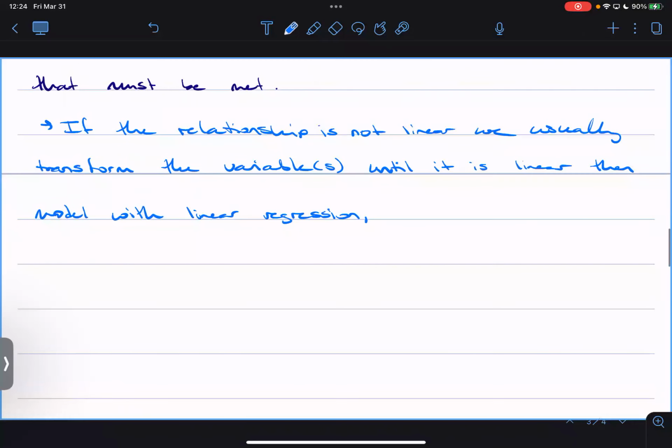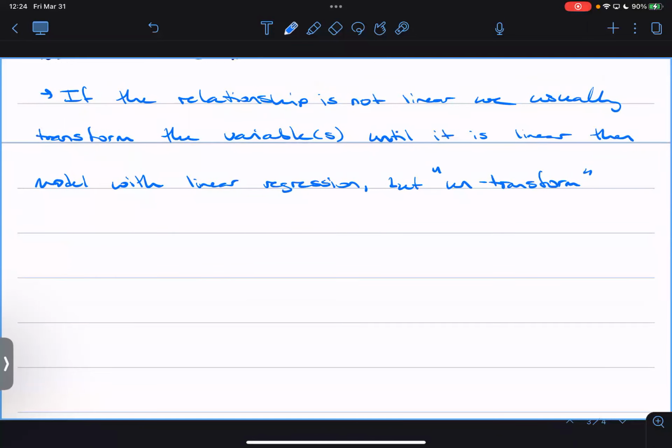Okay? But can I say untransform? What's the opposite of transform? I'll put it in quotes, then I can write whatever I want. Them's the rules. But untransform the variables to interpret the output, or to interpret the model.